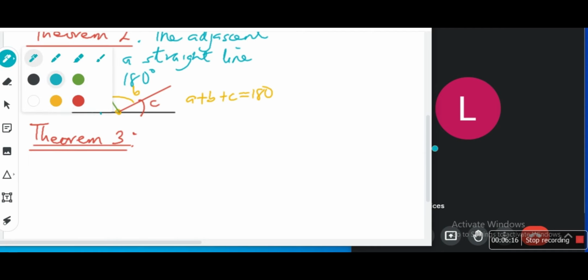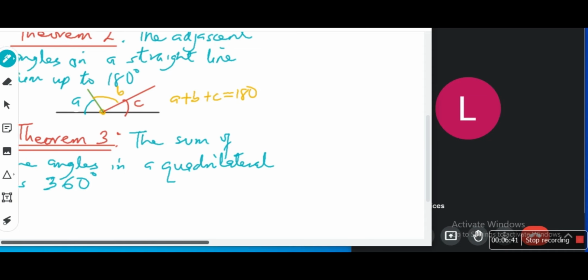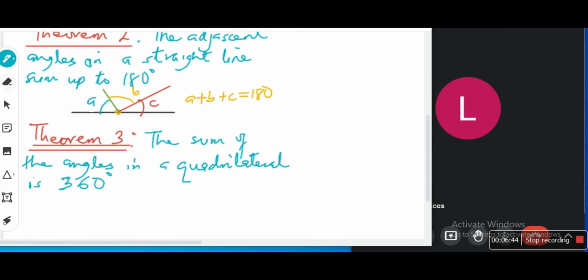The sum of the angles in a quadrilateral is 360 degrees. By the way, a quadrilateral is any shape with four sides. So I will just write quadrilateral or four-sided shape.